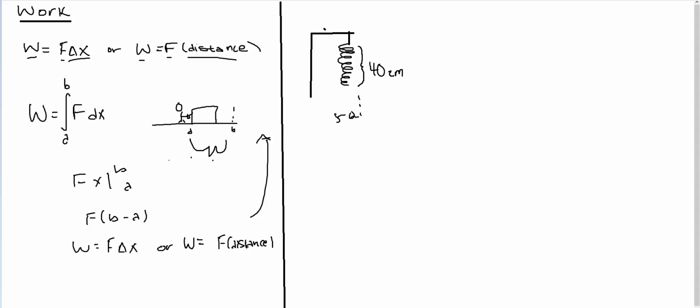So in order to do this, we find the distance from its natural length, which is 50 minus 40, is equal to 10. Now 10 is equal to change in x, or the stretch, so that is equal to 10 centimeters.